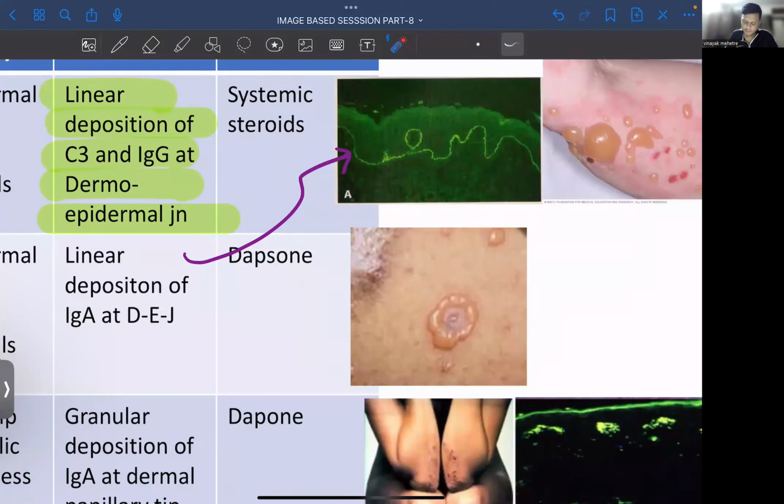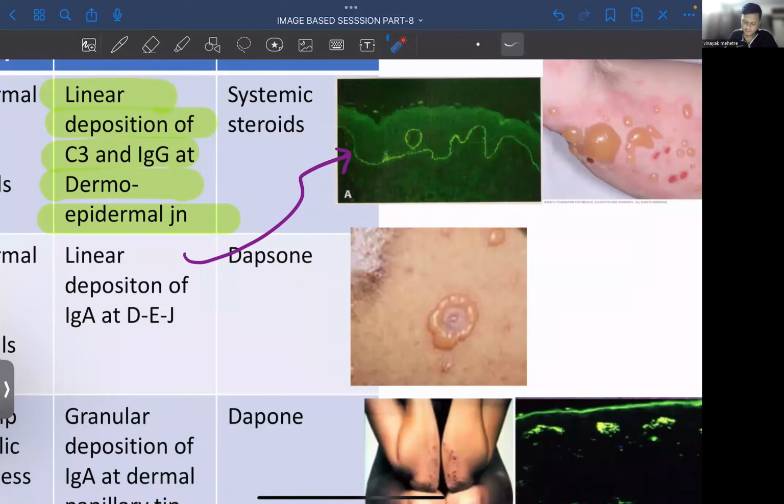Okay. Now, if I am not going to give you the image, what I can give you when I am going to ask about linear IgA disease, the hint is, okay, one single alphabet will change the answer.